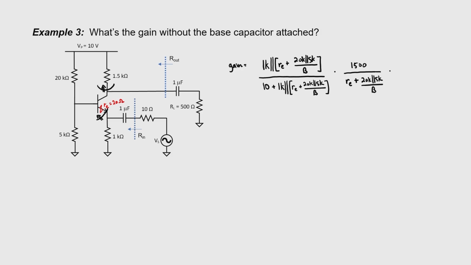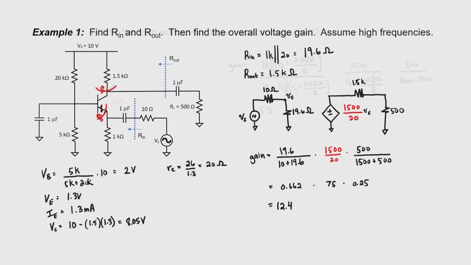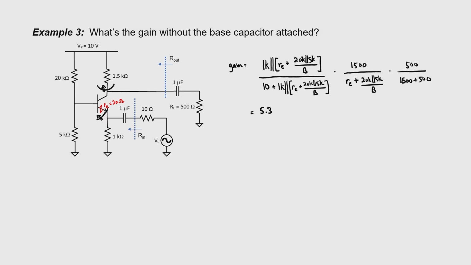And then we have our output voltage divider, a 500 ohm load, a collector resistor of 1500 ohms, and this works out to 5.3. If we go back to the previous problem, our gain with that base capacitor attached was 12.4. The reduced gain is due entirely to the absence of that base capacitor, and that's why we put it there. It makes a better amplifier.